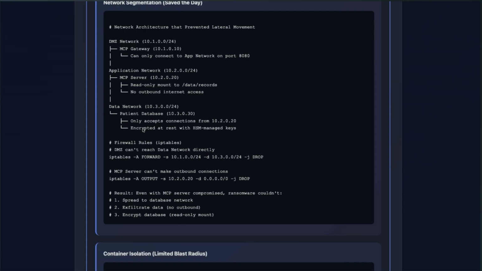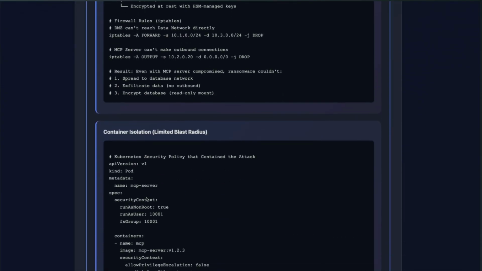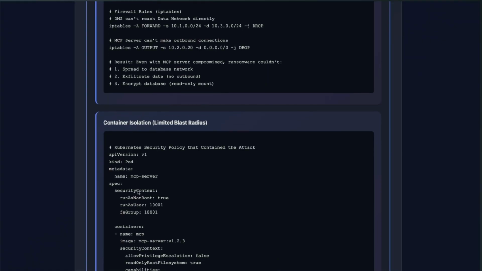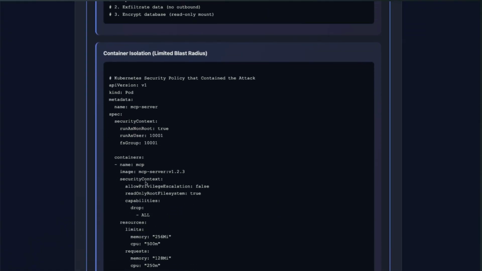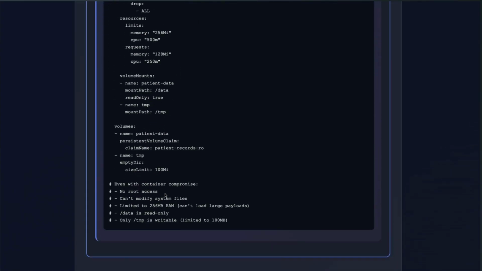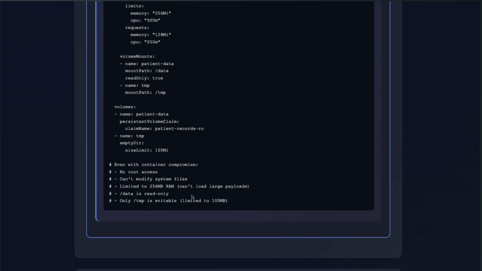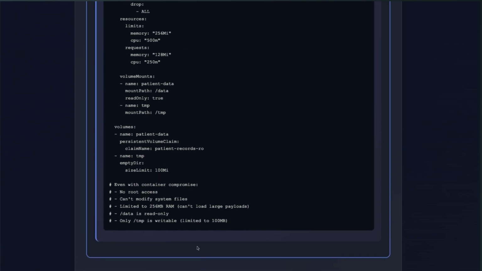The patient database is encrypted and only accepts connections from a jump host or some internal network, right? And they have isolated deployment for containers. It will run as non-root, with allow privilege escalation set to false and a read-only root file system, no root access, and capabilities limited, with very little memory.